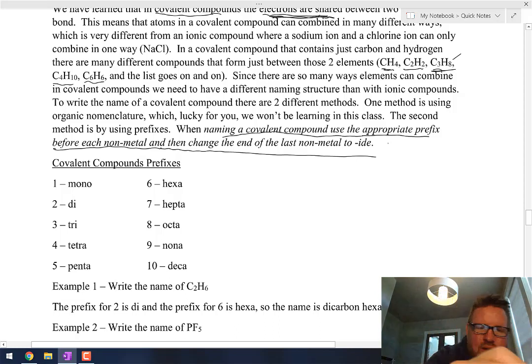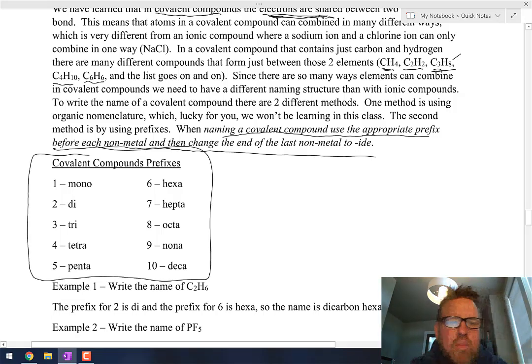So kind of like the polyatomic ions, here are the common prefixes. You don't need to know anything higher than 10. It does go mono, di, tri, tetra, penta, 1 through 5. Hopefully a lot of these you're familiar with, like Tetris, the game, which is made up of 4-sided figures. Obviously a triangle has 3 sides.